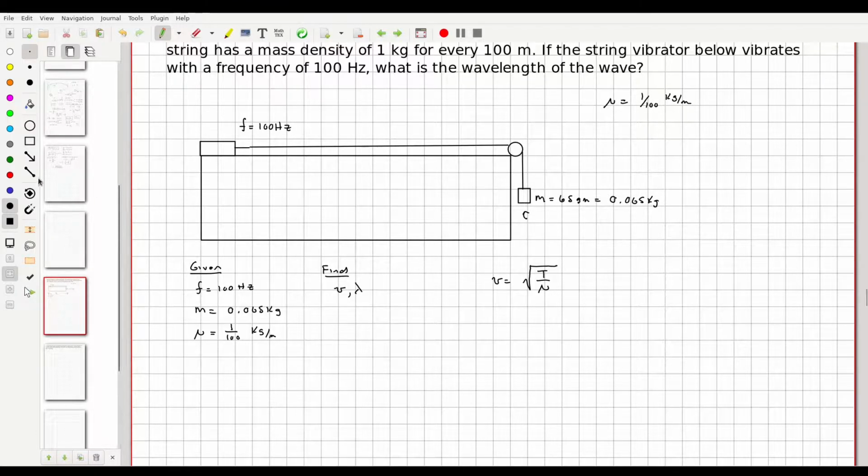So if you were to draw a force diagram on this hanging mass and assume that for all intents and purposes it is stationary, then you would have on the hanging mass its weight going down and the tension going up. And remember, the tension here is the same thing as the tension here in magnitude.